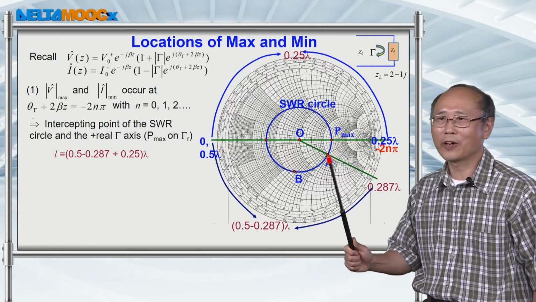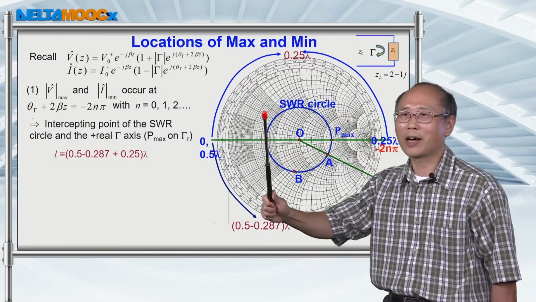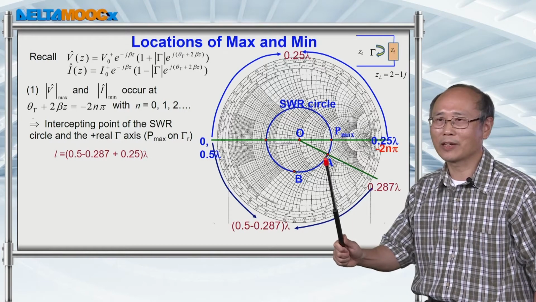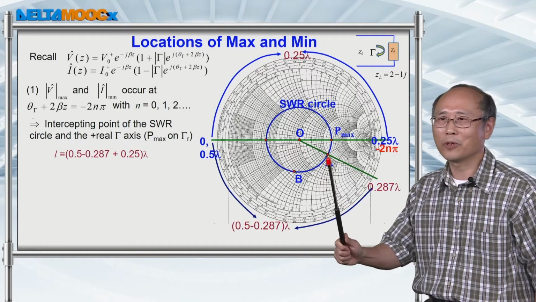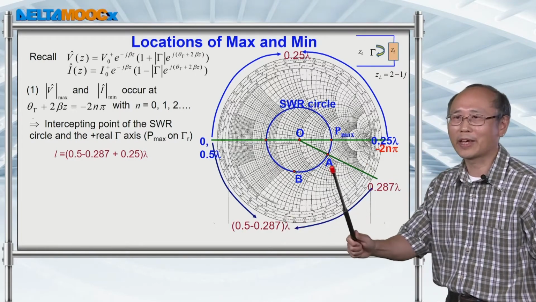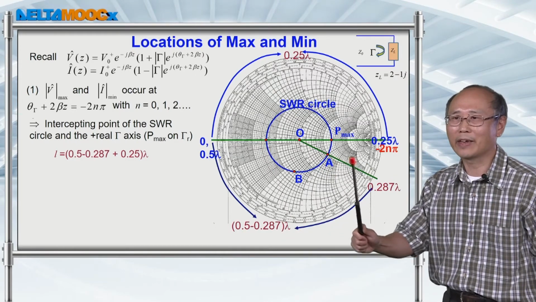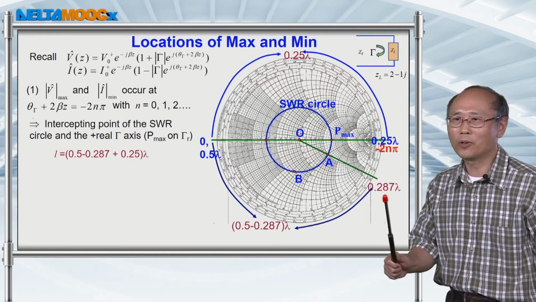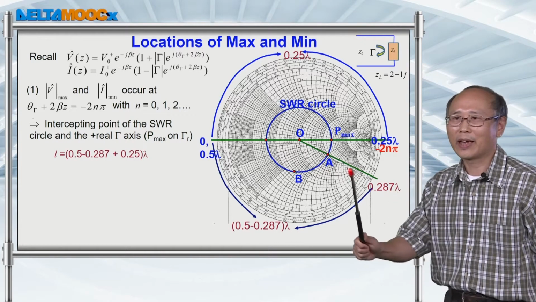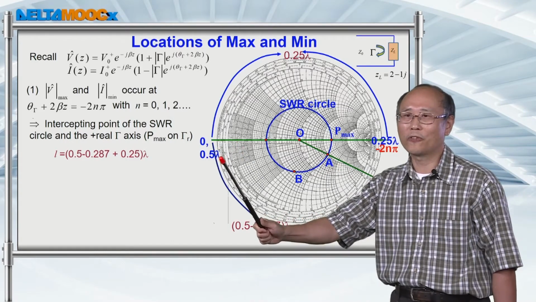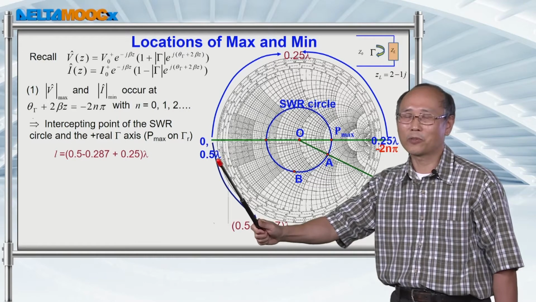So if you go from A all the way to this point, then you have to calculate the length of the line. For example, if you move from this point to this point, previously you know that this point A corresponds to a reference length equal to 0.287 wavelength. And at this location, the reference length is 0.5 wavelengths.